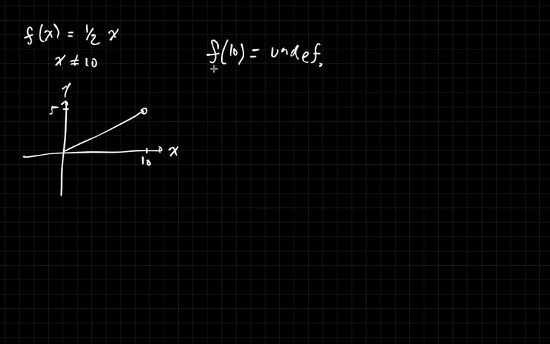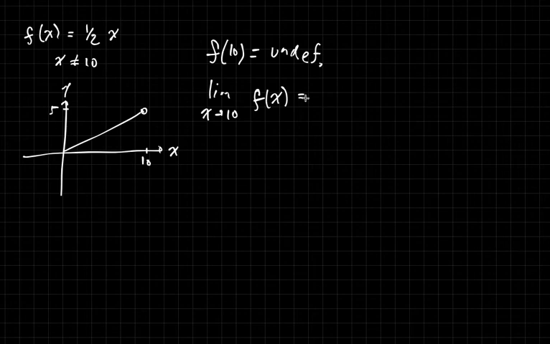So if I wanted to say, okay, what is f of 10? It's undefined. There's no number. There's no output. You cannot use this input. But now, what if I wanted to ask, what is the limit as x approaches 10 for this function f of x equal to?